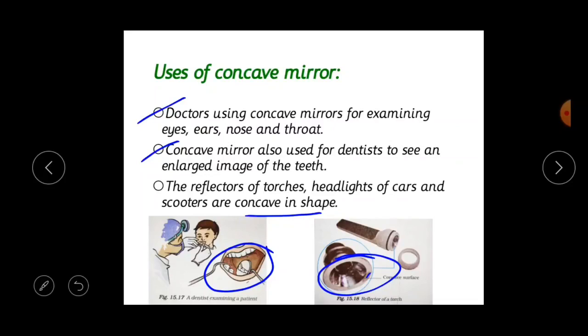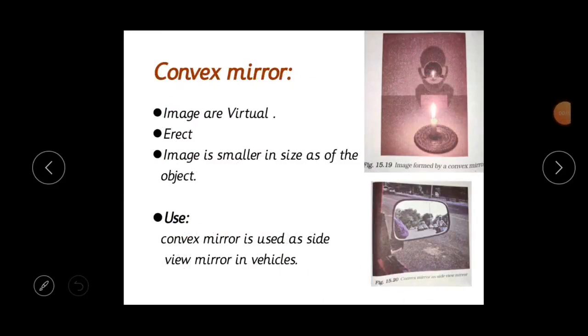Okay, so the next one is the convex mirror. Images are virtual. Whatever images are formed by the convex mirrors, they are virtual, means they cannot be obtained on a screen.